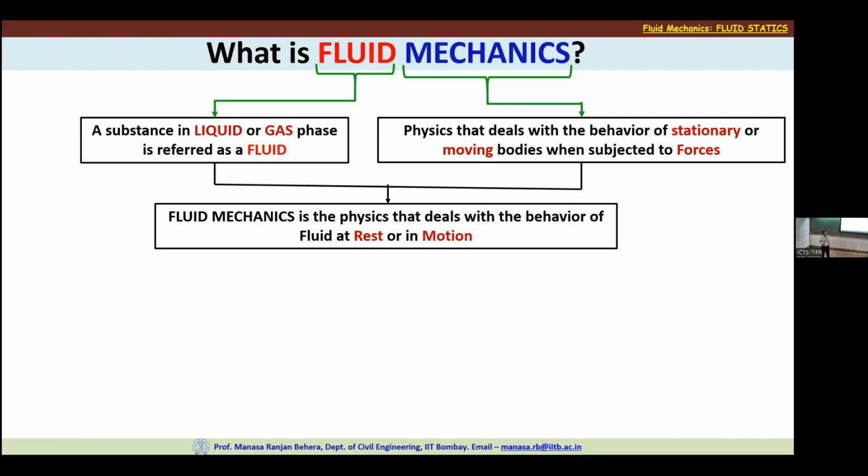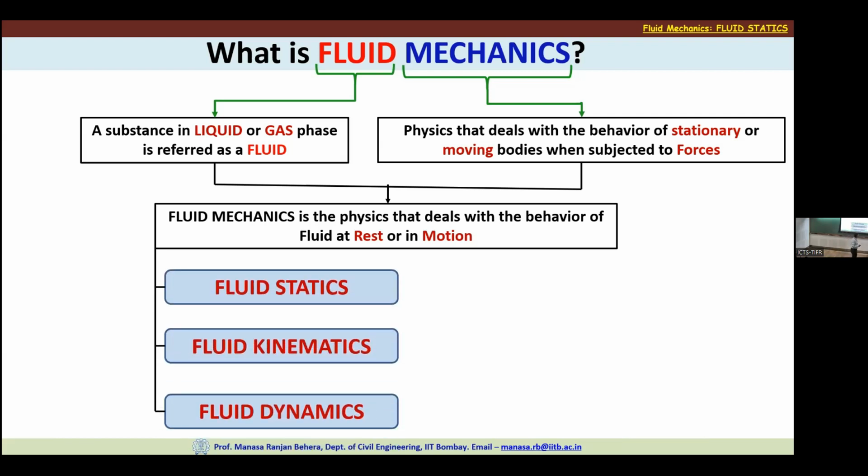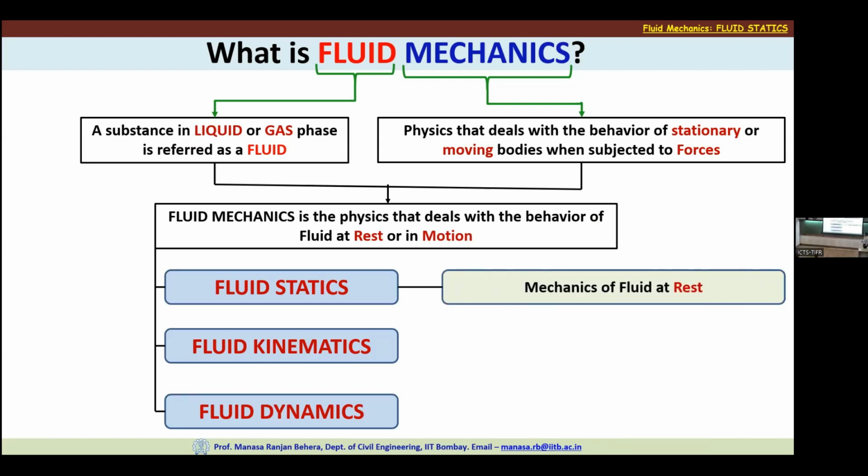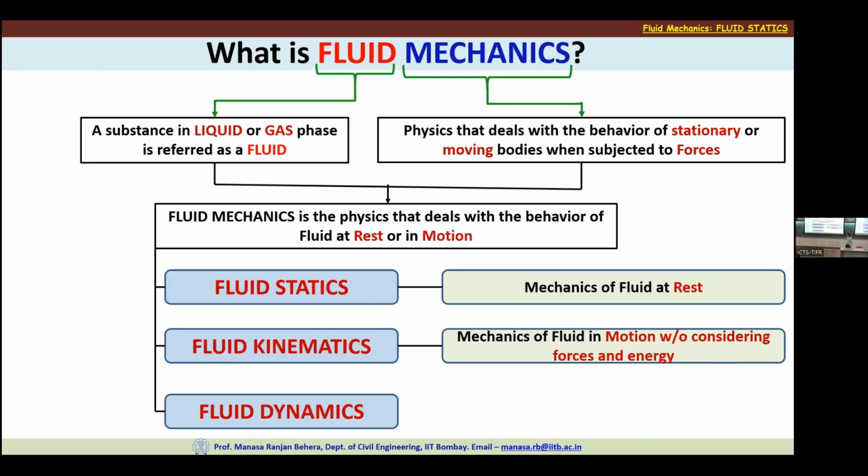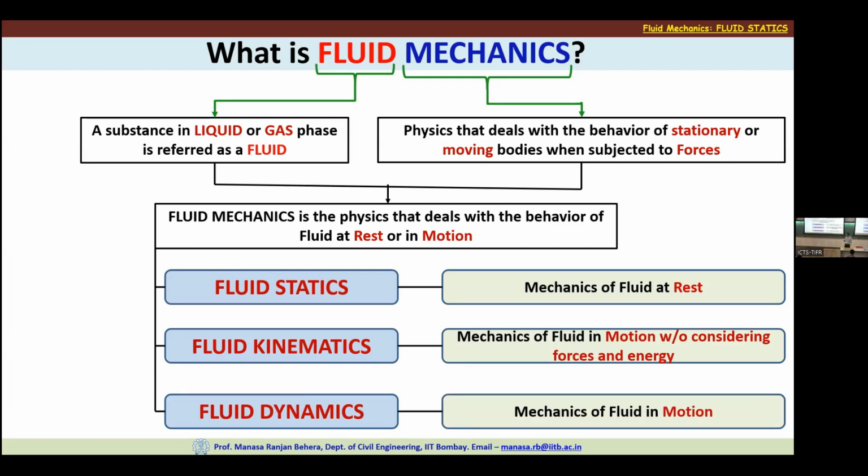When we try to understand fluids at rest, we call it fluid statics. Then we have fluid kinematics and fluid dynamics. To quickly differentiate between these three: in fluid statics, you try to understand the fluid at rest. In fluid kinematics, you try to understand the fluid motion without considering the forces and energy involved. In fluid dynamics, you do consider the forces.